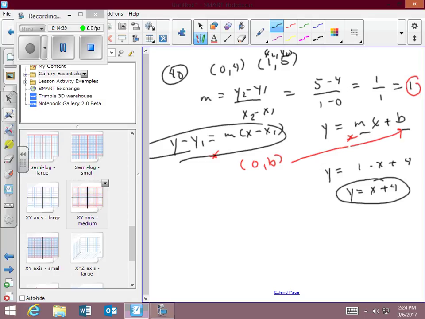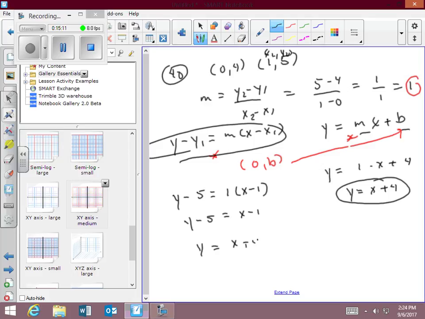Absolutely. I'll show you. We go y minus 5 equals, and the slope is 1, right? x minus 1, right? I've used the 1, 5. And then this is x minus 1, equals, distribute the 1 through it, it just doesn't change it, right? Correct? Now, I'm going to add 5 to both sides. And what do I get? x plus 1.